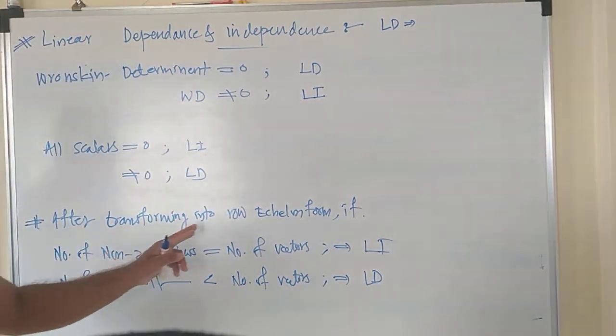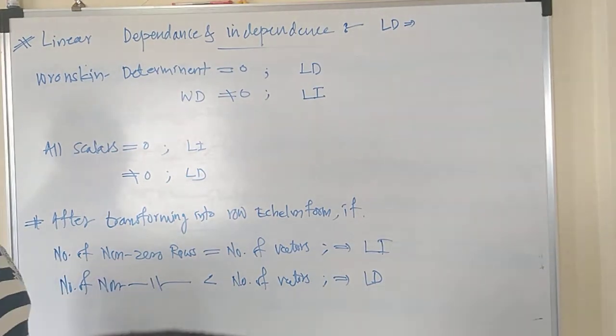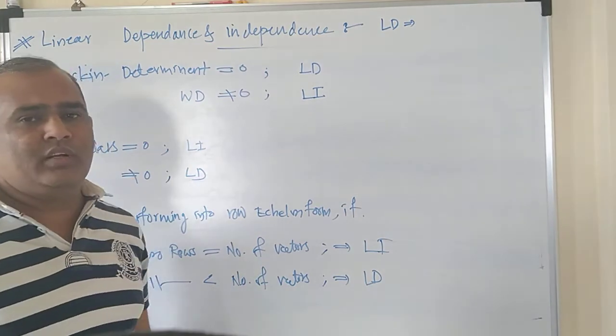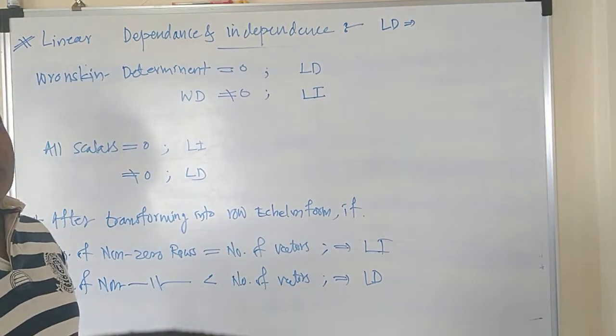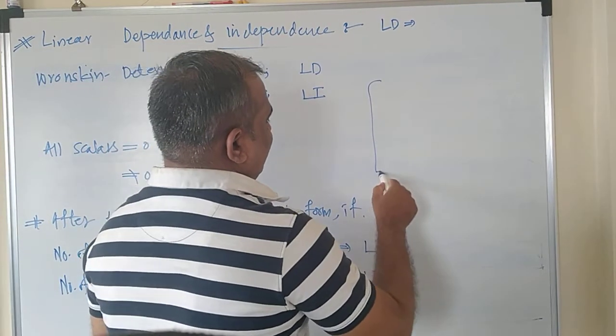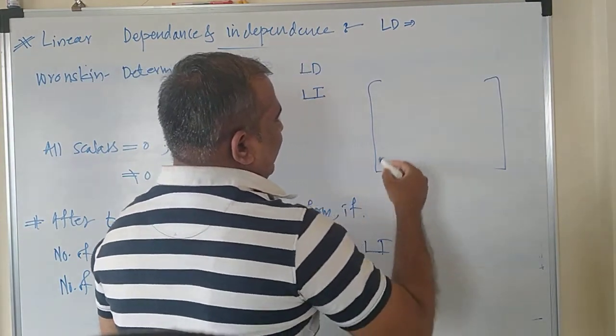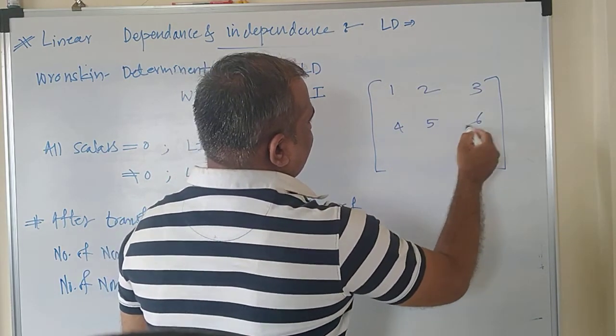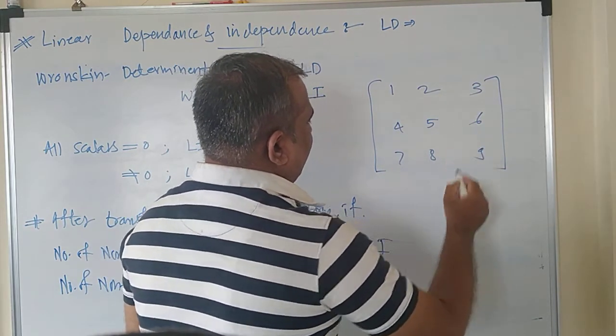Now, what do you mean by row echelon form? You might know what is meant by row echelon form. There are three criteria or conditions that must be followed to be a row echelon form. Suppose this is the matrix. Let us take any random matrix: 1, 2, 3, 4, 5, 6, 7, 8, 9.